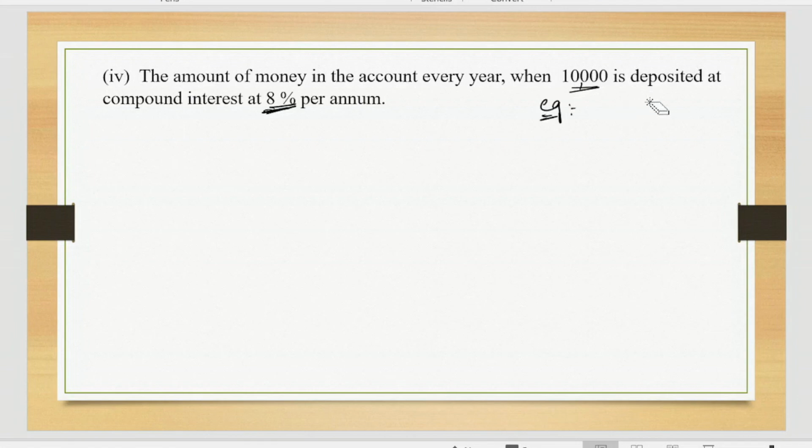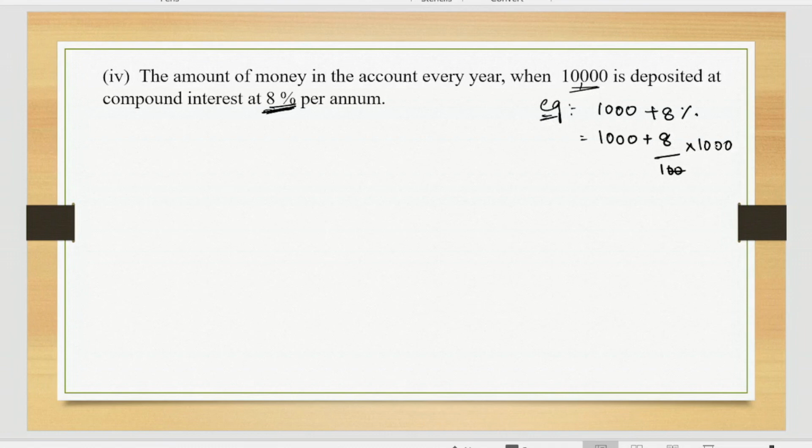Clear? If we take an example, we have deposited 1,000 rupees in the bank in our account. So every year we will be getting a compound interest of 8%. Okay. So 1,000 plus 8% of interest, which becomes 1,000 plus 8 by 100 into the amount which we have deposited. Okay.